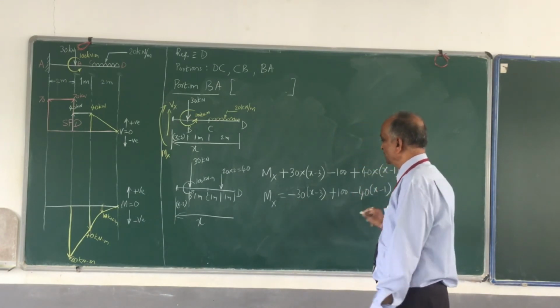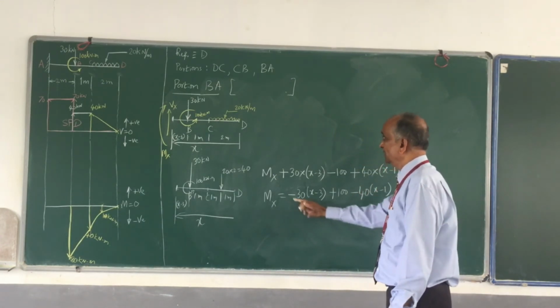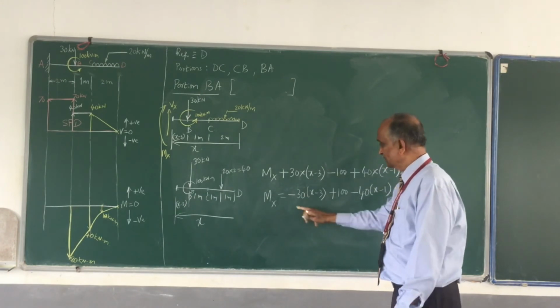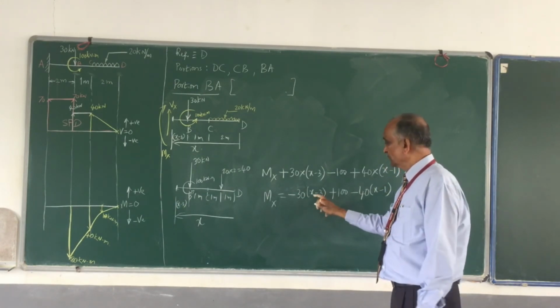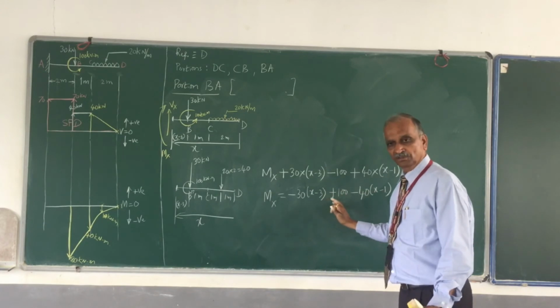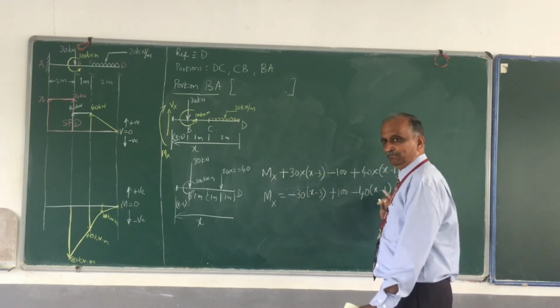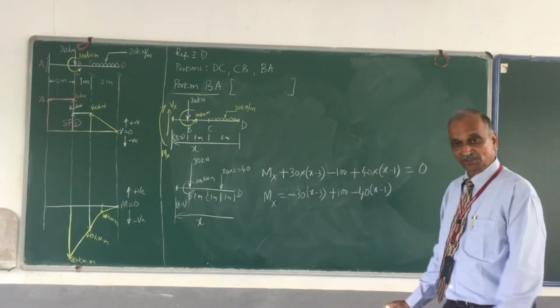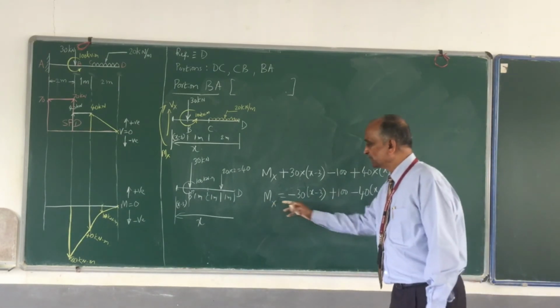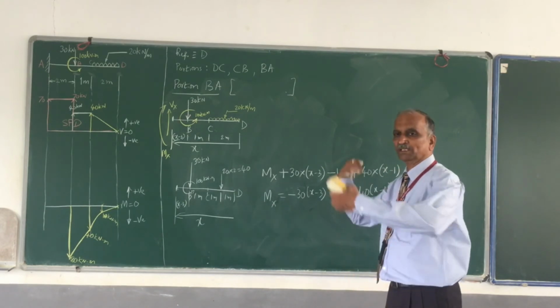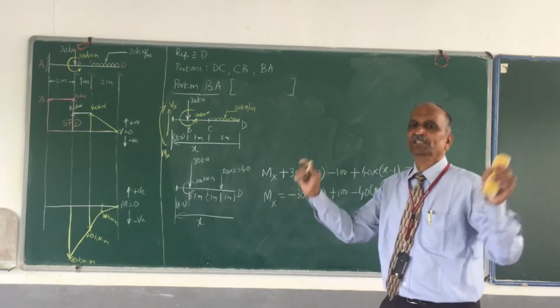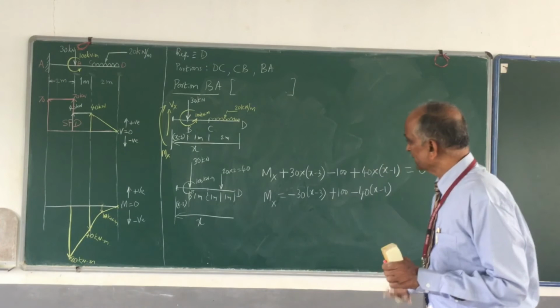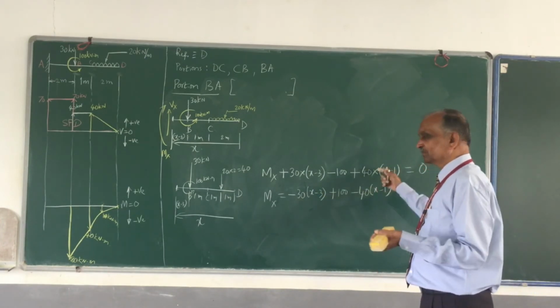Okay, just go through and make an observation. The bending moment between B and A, what do you say? Because of the presence of x, it is varying. Bending moment is not constant. If it is varying, then you have to find the variation. Is it a straight line or a curve? Here x raised to 1, here also x raised to 1.